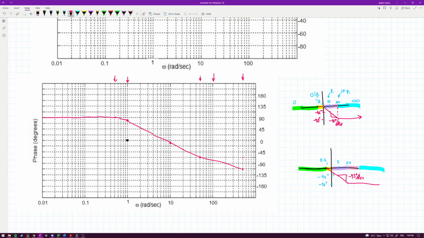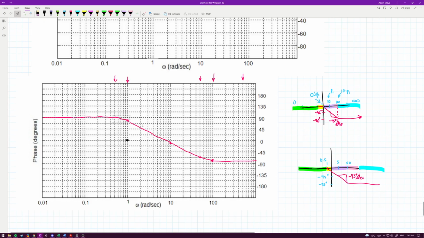So I drew from here to here, and then I drew another decade, but then I had to cut it at 50. And then at 100, I have to cut it again, right? So I have to cut it here. So let me draw that line. At 100, I have to cut it again, so it's going to look like that. And then from 100 on, it's just 0, no slope. And there's your phase.